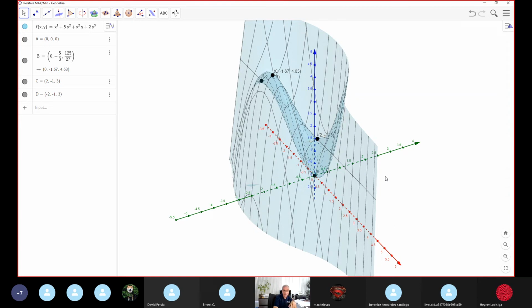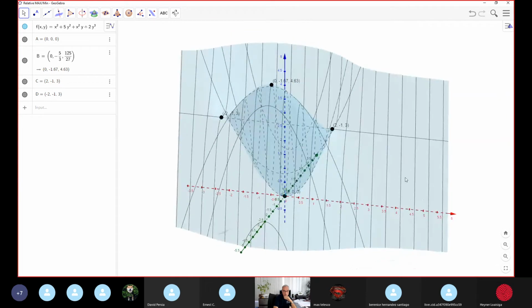Saddle point. In one direction the partial derivative is positive, in another direction, in direction x and direction y, it is negative. This is a saddle point. Do you see or no?